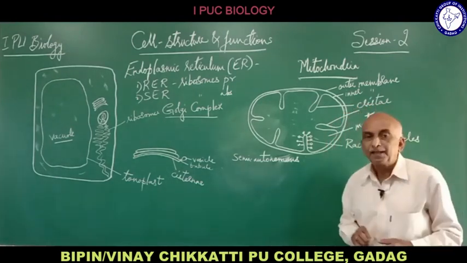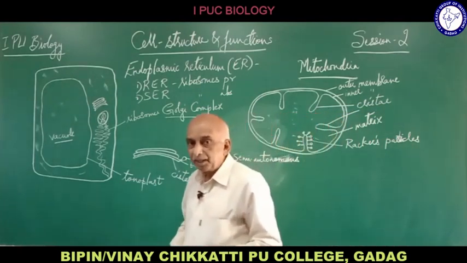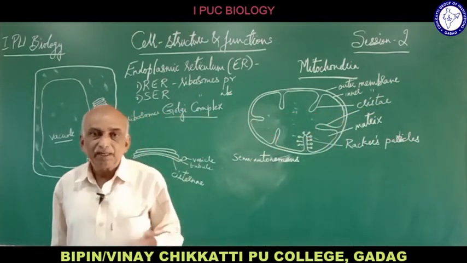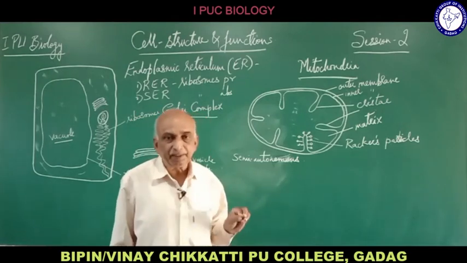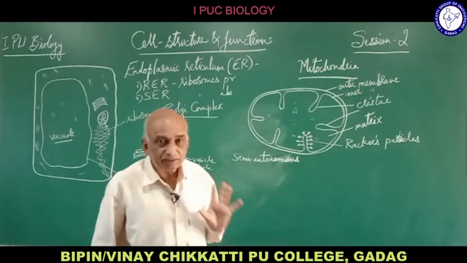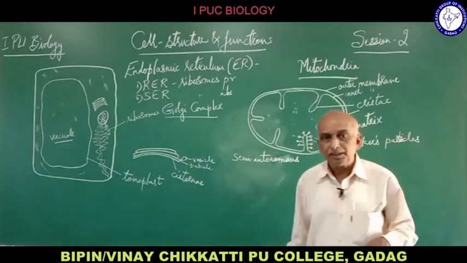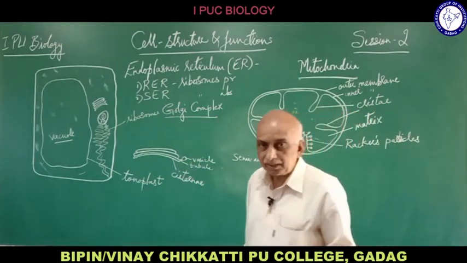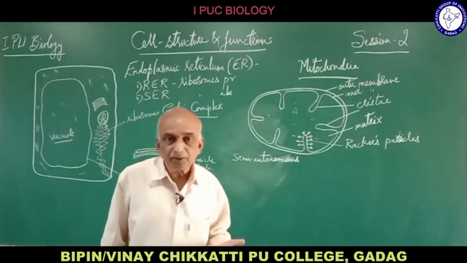surface of the cristae. After completion of this respiration, energy is produced, and that energy is stored in the form of ATP in mitochondria. That is why mitochondria, which conduct cellular respiration and store energy in the form of ATP, are called the powerhouses of the cell.